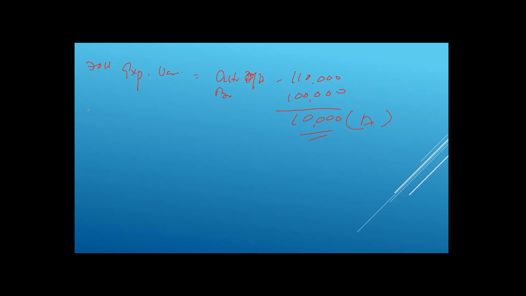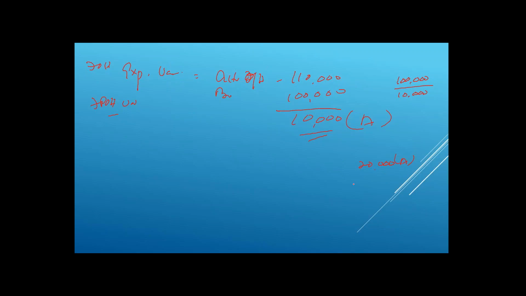Then we have something called volume variance. Fixed production overhead volume variance. That arises, as I told you, because our fixed overheads are based on 100,000 expenditure and a volume of 10,000. So based on the volume, we have to find out. Remember the total variance we worked out was 20,000 adverse.